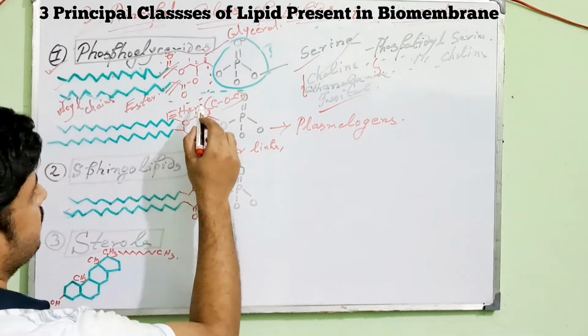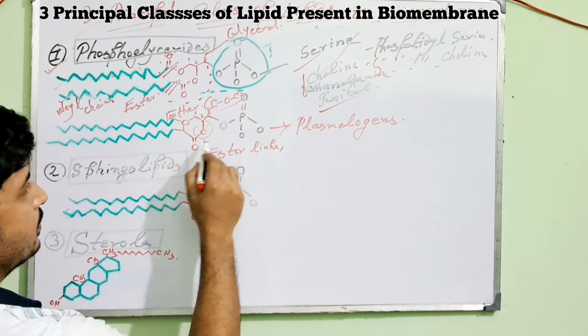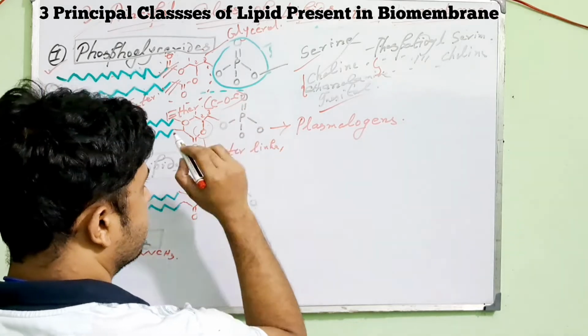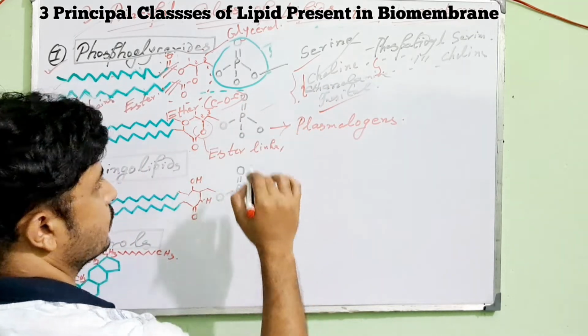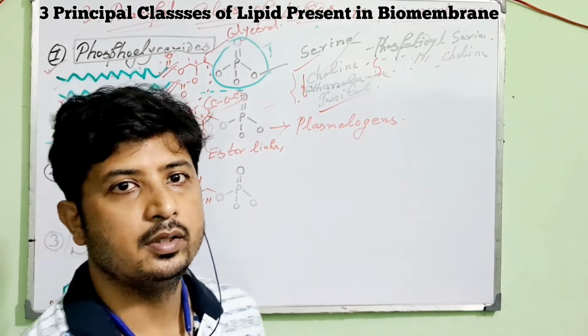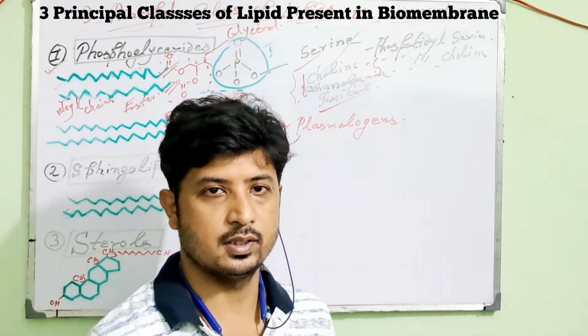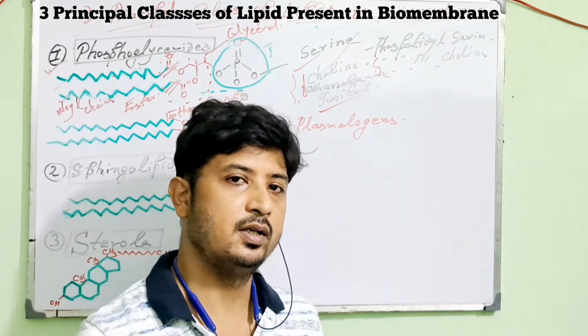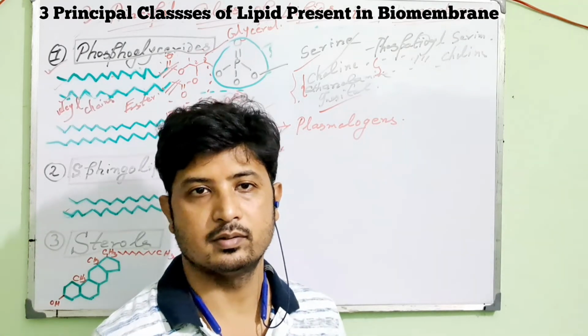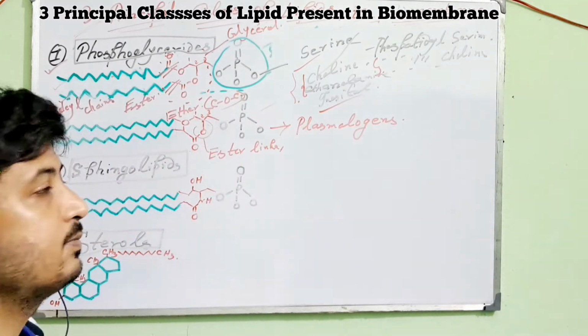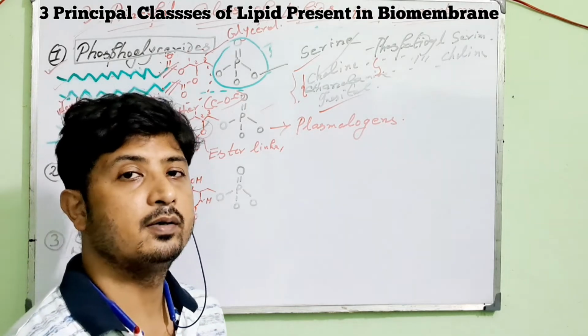So remember that one will be ether linked, one will be ester linked. Phosphate group will be there, and these groups will be attached to any one. But it will be called plasmalogens rather than phosphoglycerides. So the class is phosphoglyceride, but the nature is plasmalogen, or you can say a specific crucial part of the lipid.